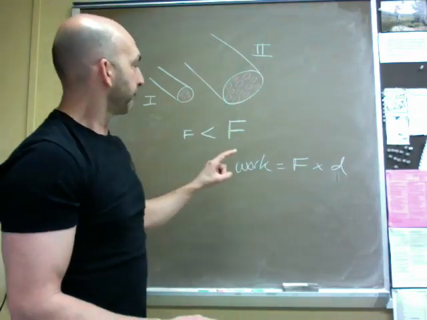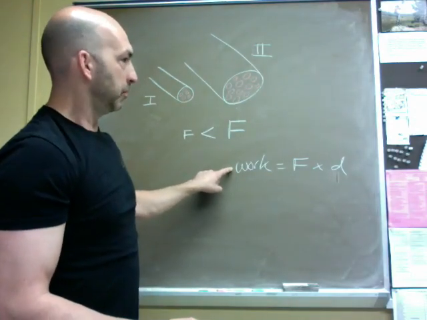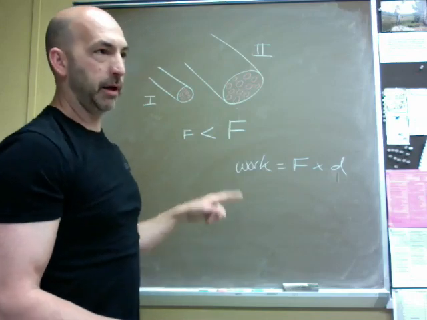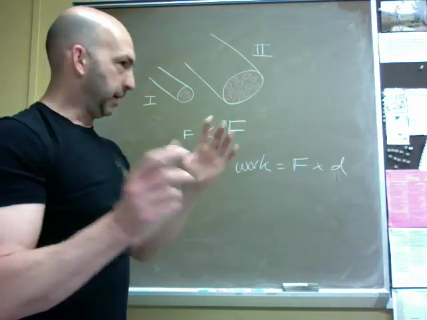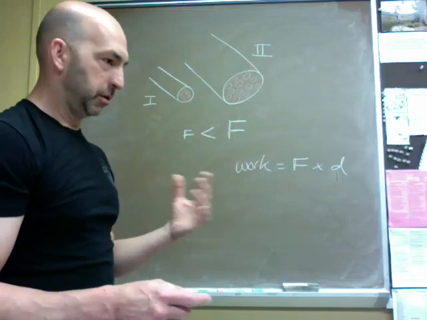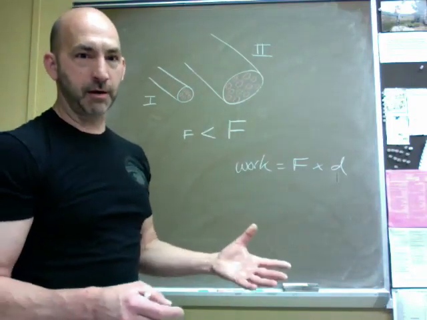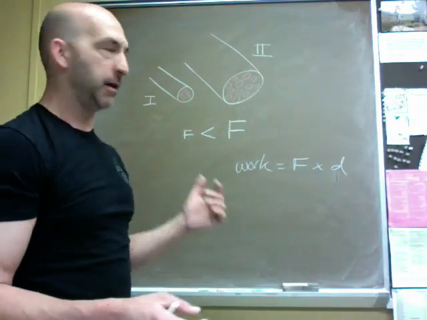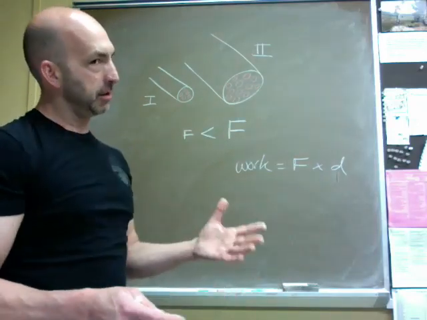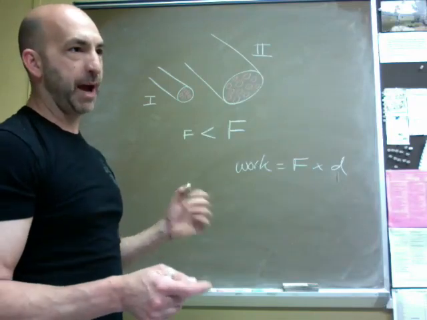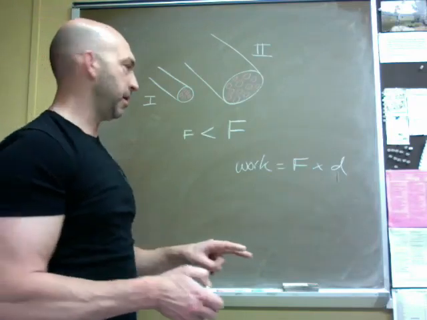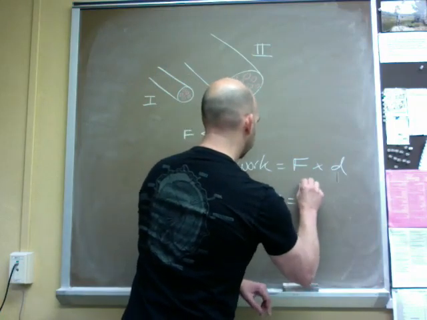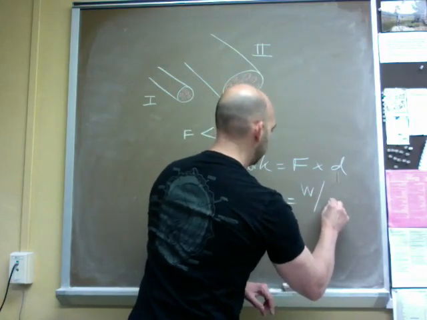And so it's really how quickly you can do a particular amount of work, right? Work is irrespective of time. You can mow your lawn in an hour, or you can mow your lawn in 4 hours. You do the same amount of work to do that. But if you do it in an hour instead of the 4 hours, you generated more power because you did more work per unit time. So power equals work per unit time.